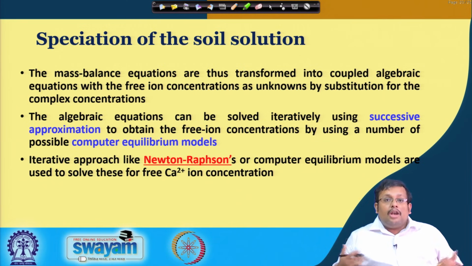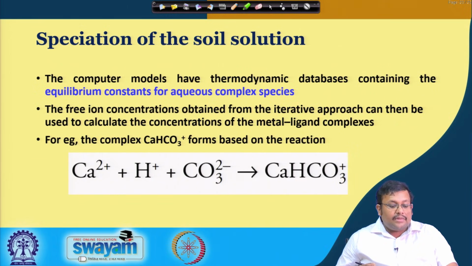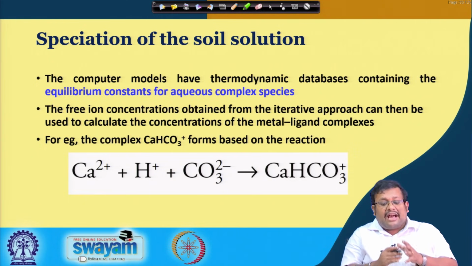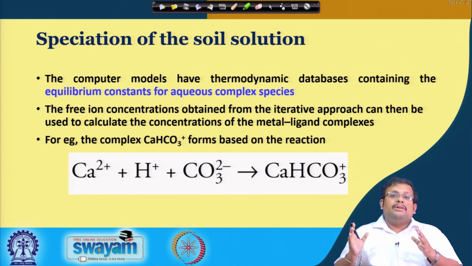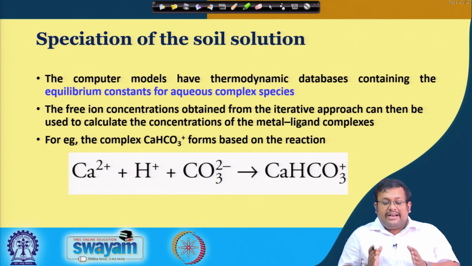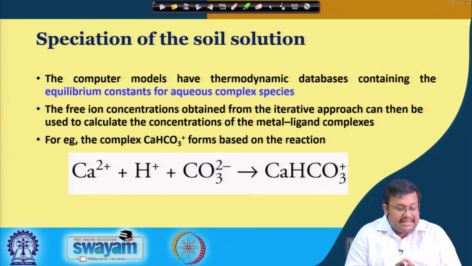We follow an iterative approach like the Newton-Raphson approach, or a computed equilibrium model, to solve for the free calcium ion concentration. For speciation of the soil solution, these computer models have a thermodynamic database containing the equilibrium constants for aqueous complex species.